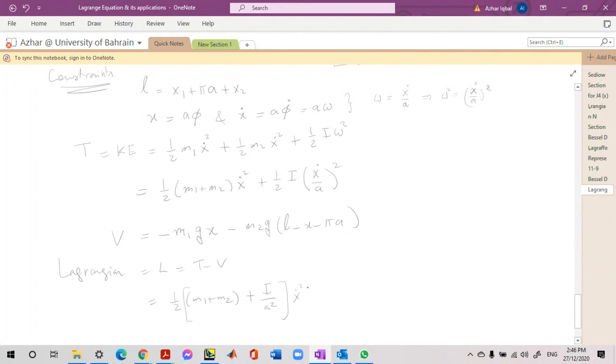Take x dot square outside, and then add minus V. There are two minuses, so it becomes plus m1 gx plus m2 g times L minus x minus pi a.